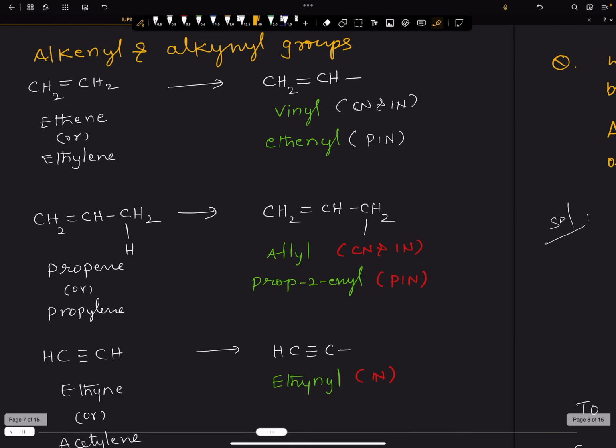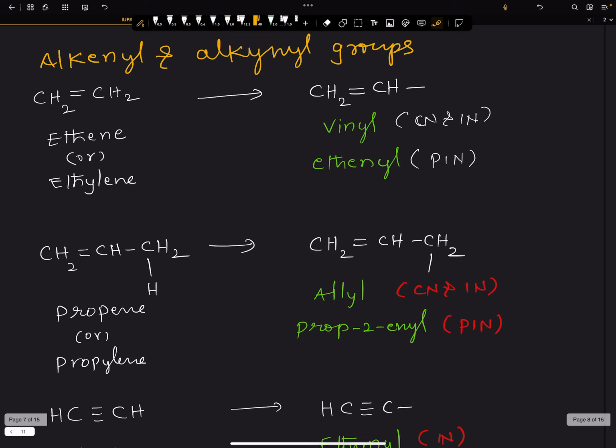Apart from alkyl substituents, we can have alkenyl or alkynyl groups derived from alkenes and alkynes respectively. Consider ethene, or we call it ethylene, the common name. Ethene is the IUPAC name. If one of these hydrogens is removed, we get CH2=CH, which is called the vinyl group. It is common name as well as IUPAC name.